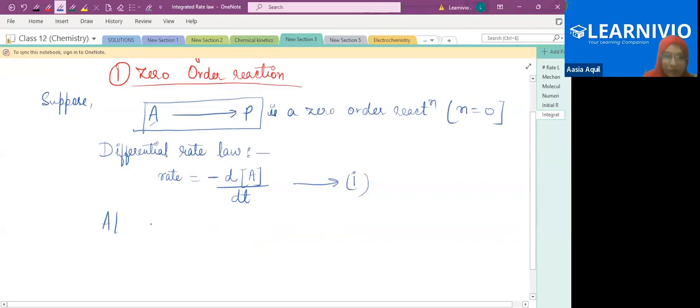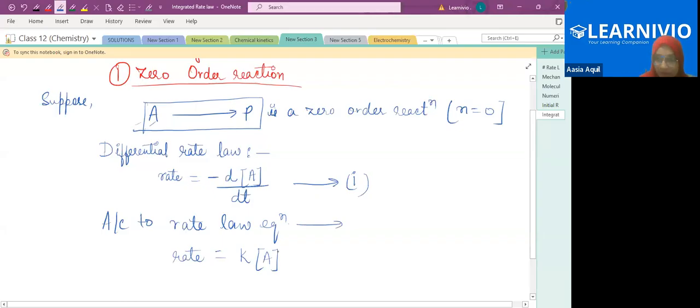Now, according to the rate law expression, the rate law equation, what do we have? We have rate is equal to K into the concentration of A, where K is the rate constant, because it's a zero order reaction. It is given, it has been mentioned over here.